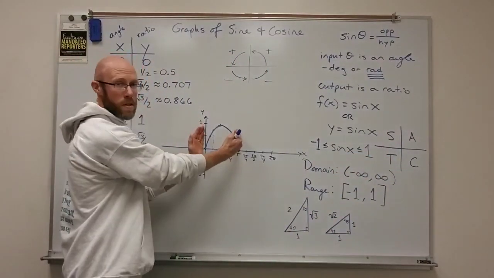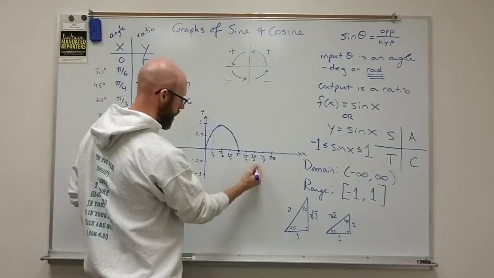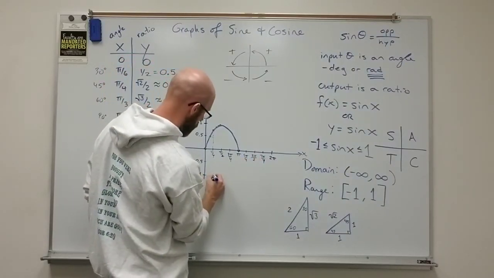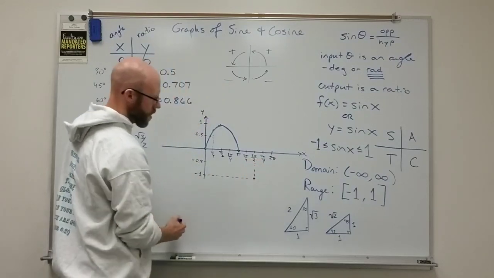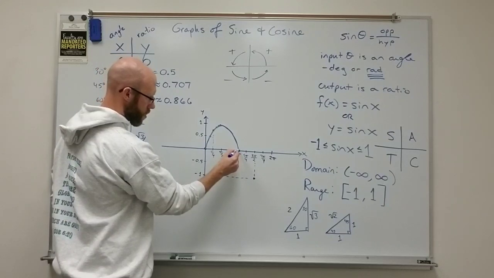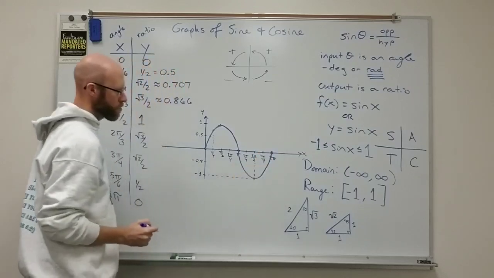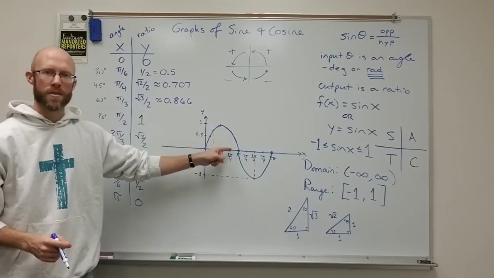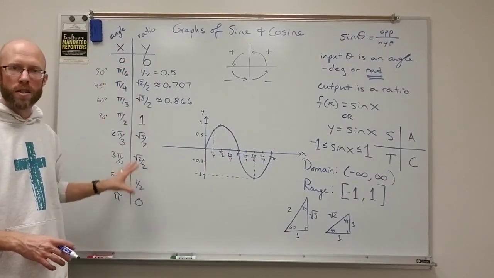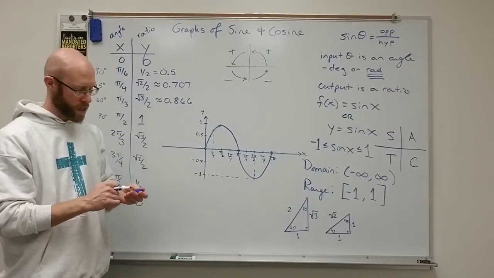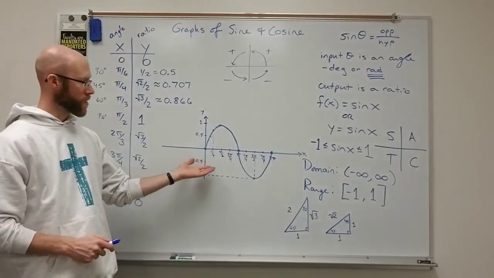Okay, so if you take a mirror image of this and put it down below the x-axis, then at 3 pi over 2, you end up at -1, somewhere about there, and the graph kind of curves down to that point and then back up to 0 at 2 pi. So you have a mirror image of the left side repeated underneath on the right side. Okay, and I could go through all the details of that, but I'll spare you those details because we've already seen it with the positive side. Okay, all right, and so that gives us a decent graph.